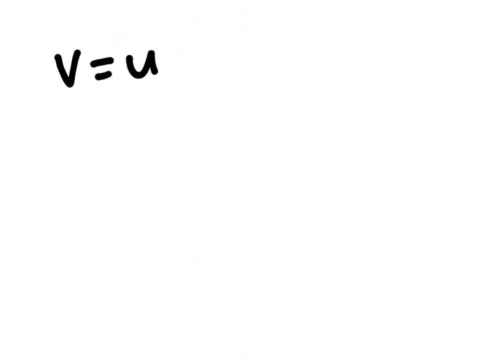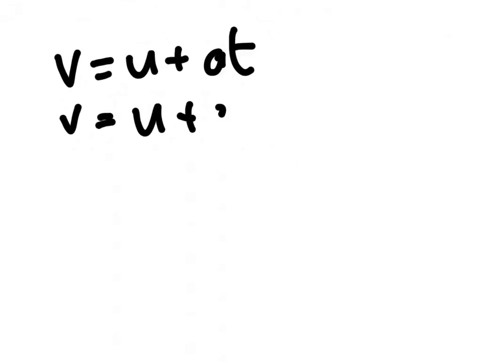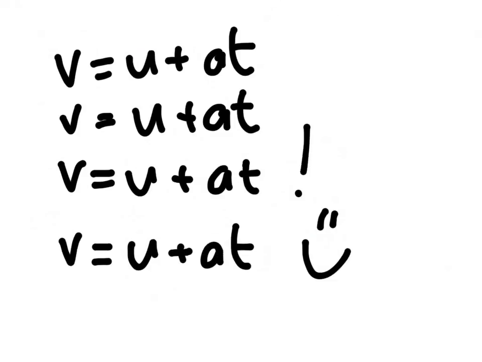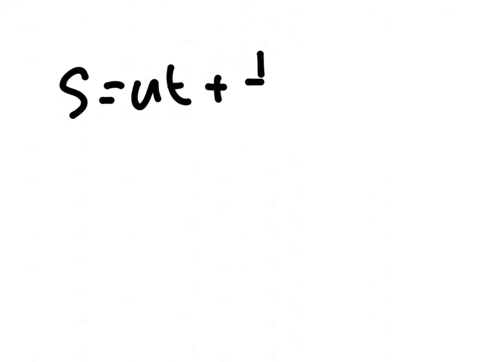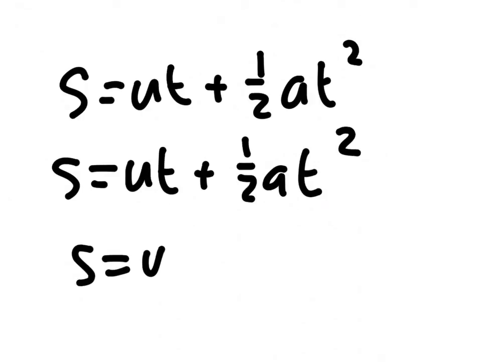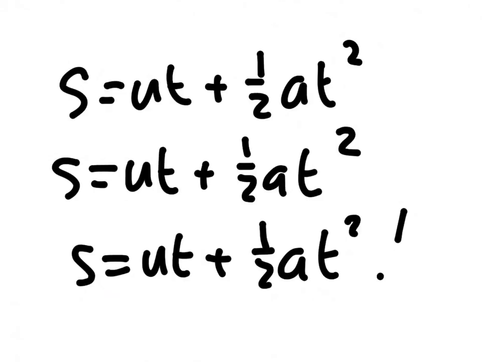V equals u plus at. S equals ut plus half at squared. V squared is u squared plus 2as.